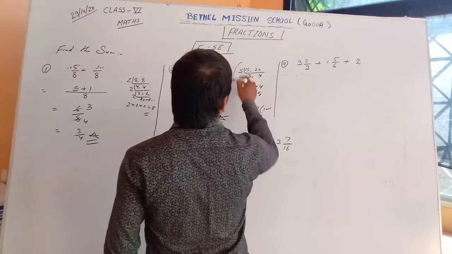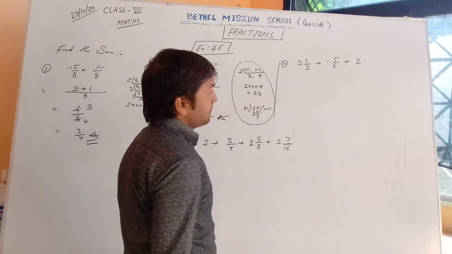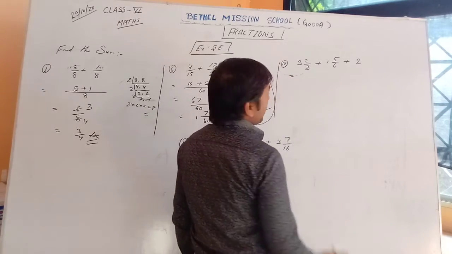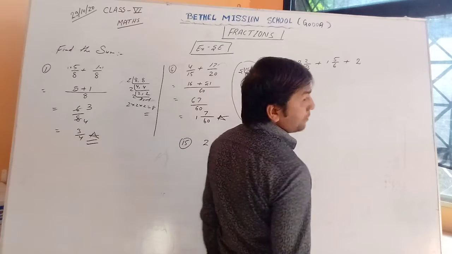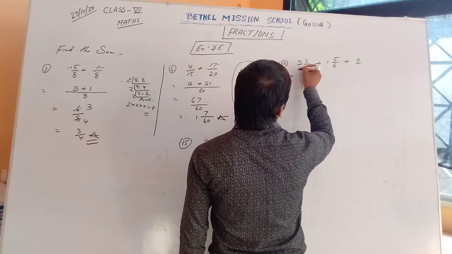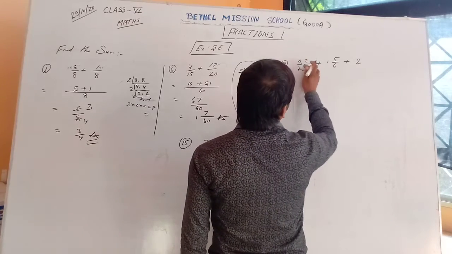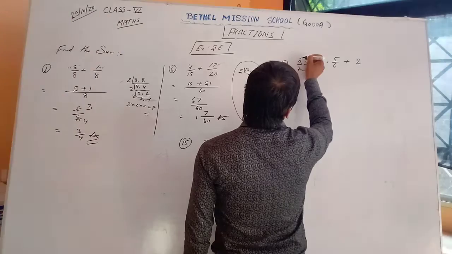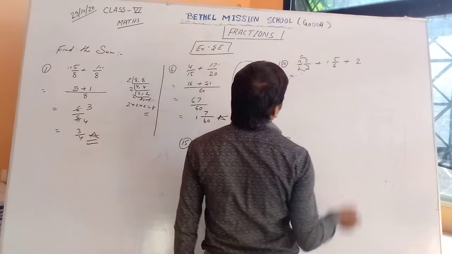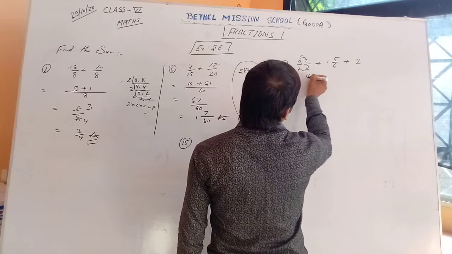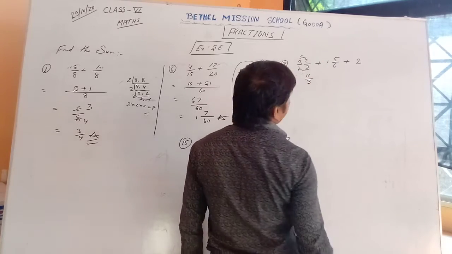Now this is the rough work. Here mixed fractions are given. First change them into improper fractions. You know already how to change. 3 multiplied by 3 is 9, and that you have to add. 9 plus 2, 11 upon 3.